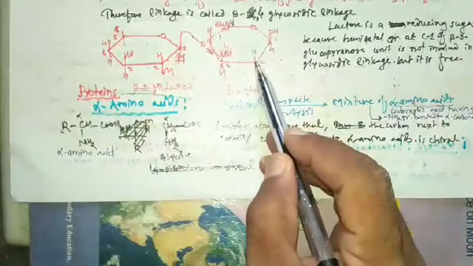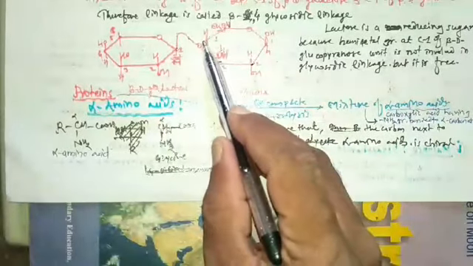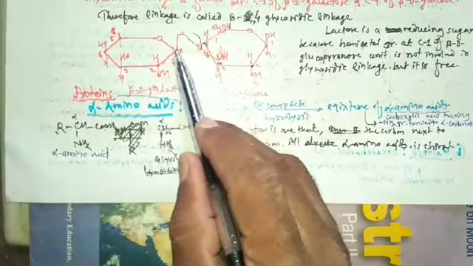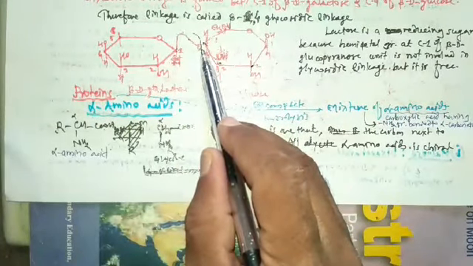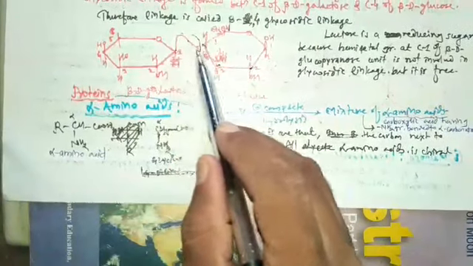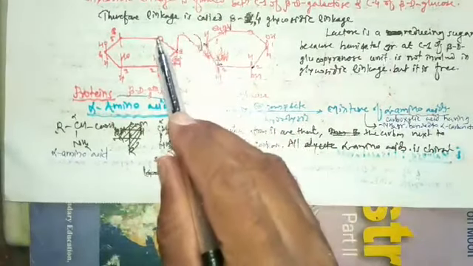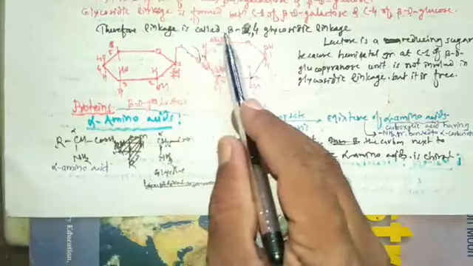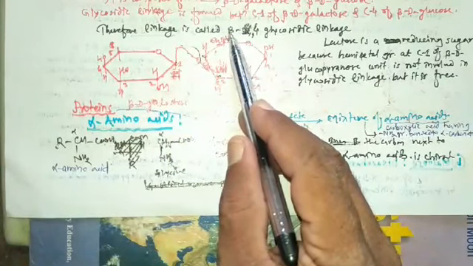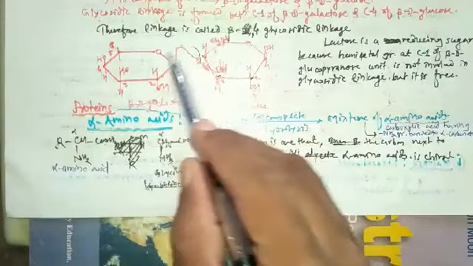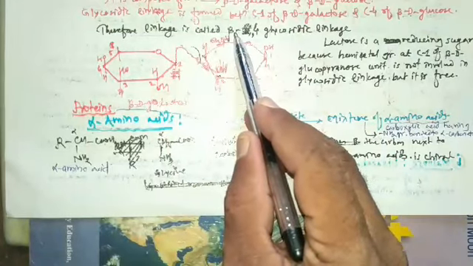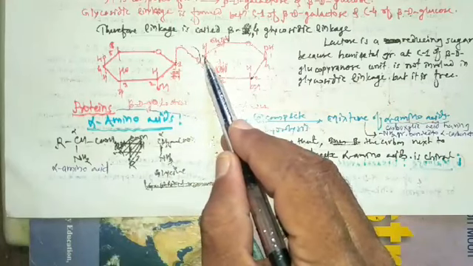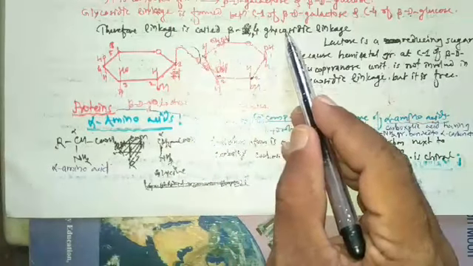Here this is the second carbon atom, this is the third, and this is the fourth carbon atom. So this glycosidic linkage is formed between C1 and C4 of both monosaccharide units. These two are beta anomers, that's why the linkage is called beta. The linking is between carbon number 1 and carbon number 4, that's why it is a beta 1,4 glycosidic linkage.